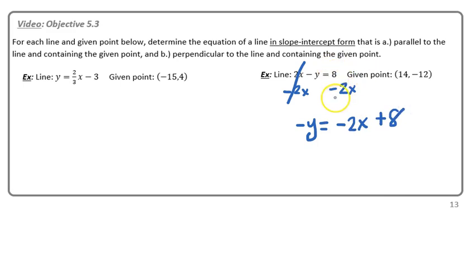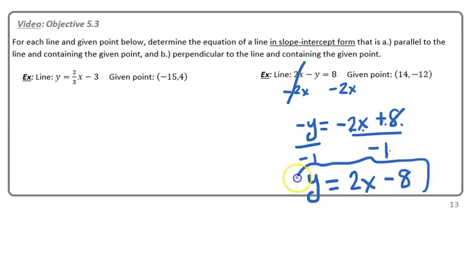Now you could have written 8 minus 2x, but I like negative 2x plus 8 because it's starting to look like y equals mx plus b. The only problem is slope-intercept form does not care about negative y, it only cares about positive y. So let's multiply both sides by -1. Ultimately, we're going to get positive y equals, okay, negative 2x divided by -1 is 2x, plus 8 divided by -1 is -8.